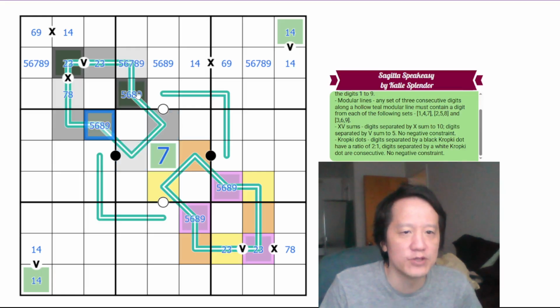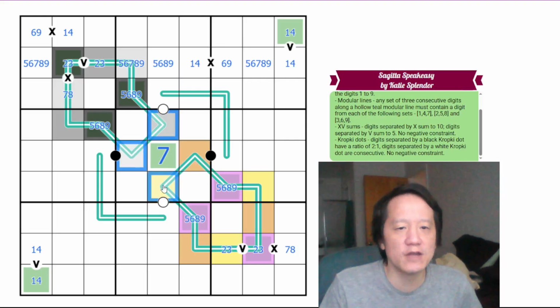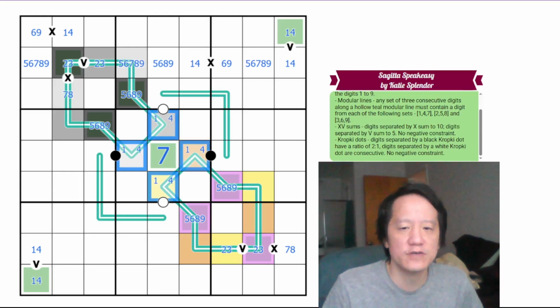Because this can't be the 1 mod 3. And we need for every three cells on the modular line to essentially have one from every set. So this must have one of the 1 mod 3s. This must have one of the 1 mod 3s, which means 1 and 4 must be in one of these 4 cells in the central cell.